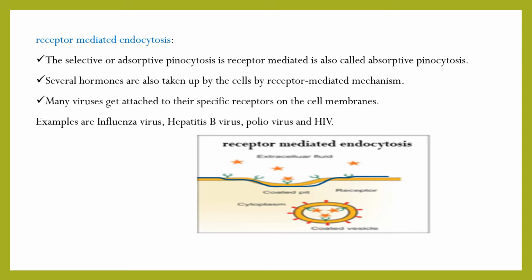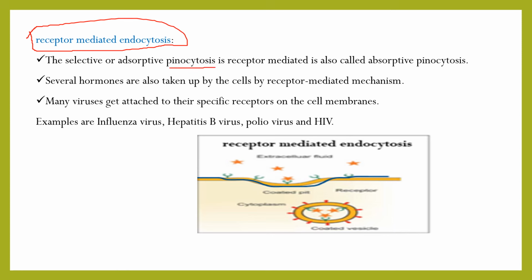Receptor-mediated endocytosis is the second type of endocytosis. In this mechanism, materials or molecules enter into the cell whenever they are attached to the receptor proteins on the surface of the cell membrane or on the surface of the cell. All liquids cannot enter into the cell simply by pinocytosis alone.